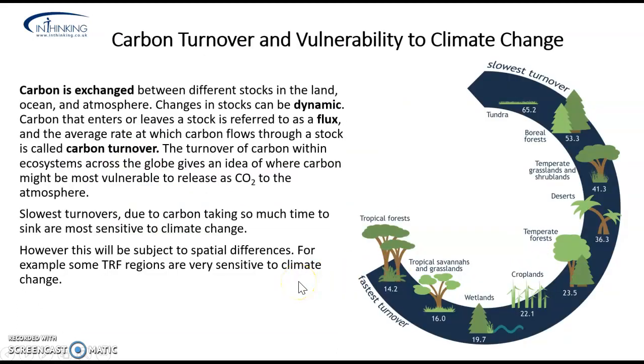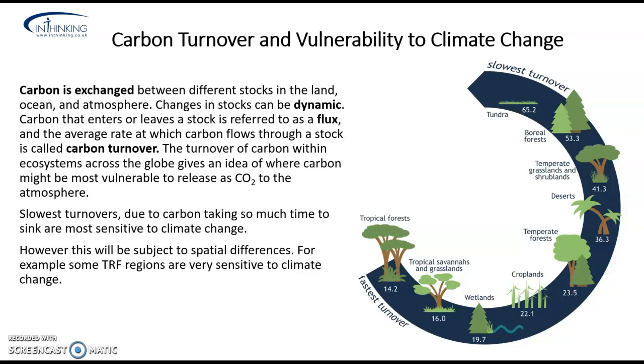So I think at this point it's important to look at how carbon is exchanged. Carbon is exchanged between different stocks in the land, ocean and atmosphere. And these changes in stocks can be dynamic and vulnerable to shocks and changes. Carbon that enters or leaves the stock is referred to as a flux.